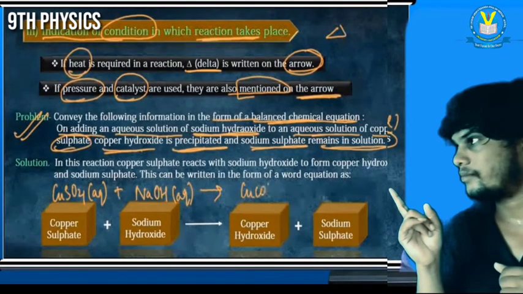By the reaction of these two substances, copper hydroxide and sodium sulfate are formed. So these are the precipitates that are formed in the reaction. That's why we represent the precipitate with a downward arrow symbol.